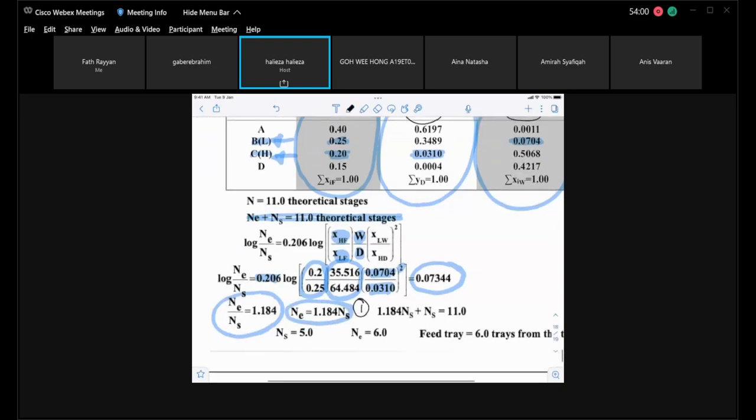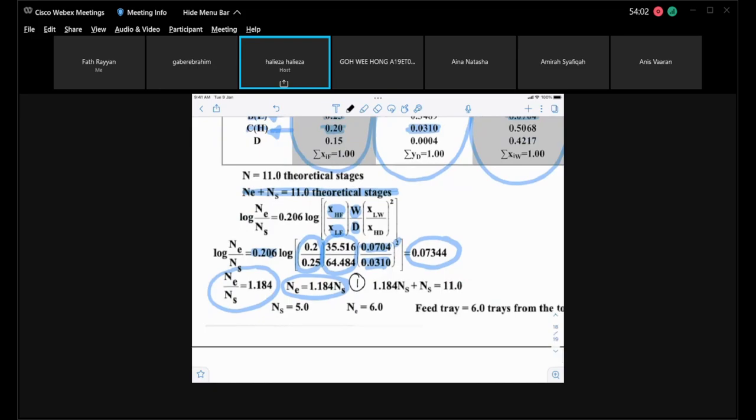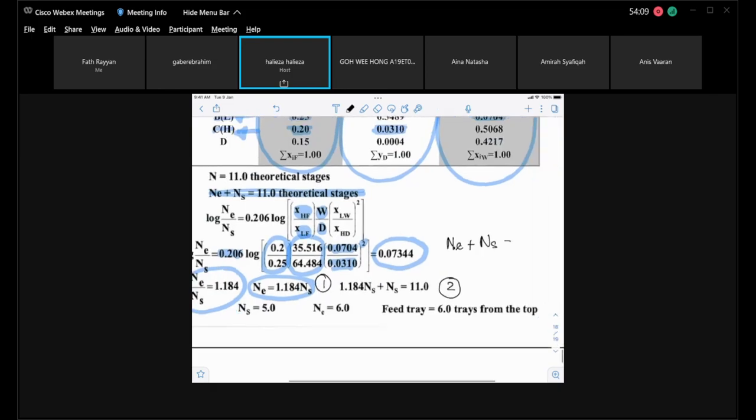And the second equation will be this, where NE plus NS is equal to N. This happens to be 11 stages for this example. So now you substitute that first equation inside this equation. That will become 1.184 NS.